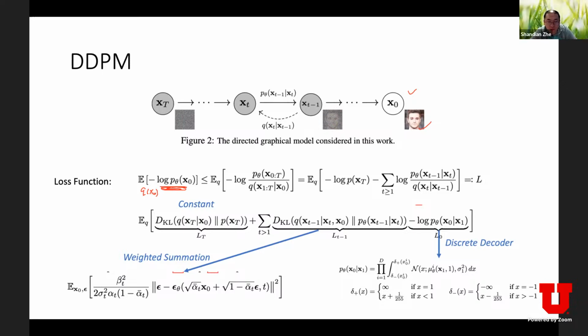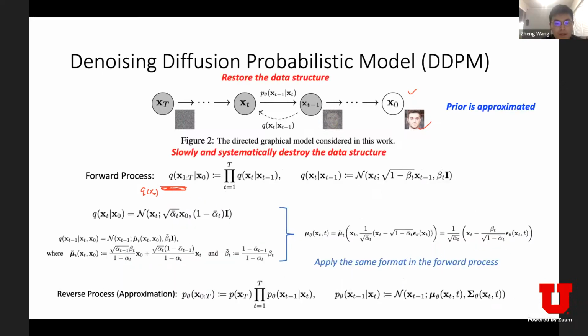Here we should know that the forward process is a prescribed transition probability. So there are no parameters in the forward process we need to learn during the whole process.